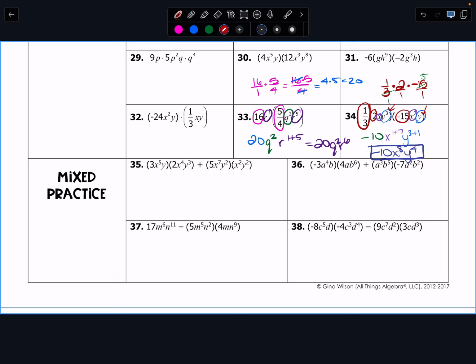All right, I'm going to do 38. Yes, the one I wanted. So I'm going to combine my numbers together. So -8 times 4. So -8 times -4 is a positive 32. I'm going to use c to the fifth and c cubed.